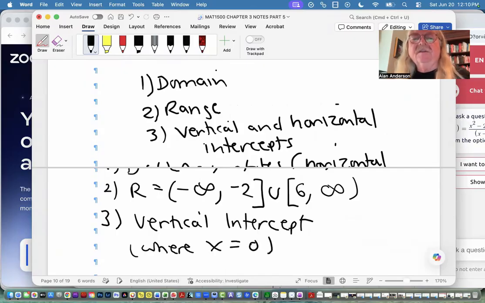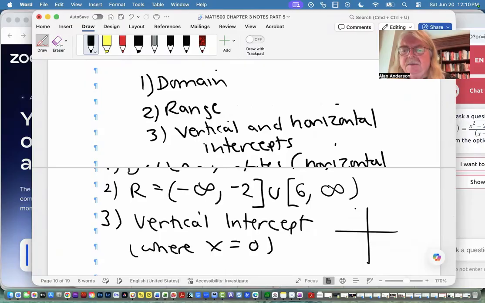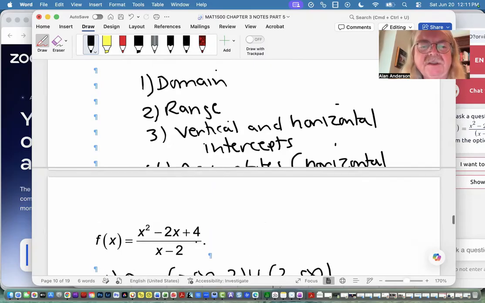So let's remind ourselves that the vertical intercept of any function is simply the point where x equals 0. So we'll go back to the original function and plug in 0.